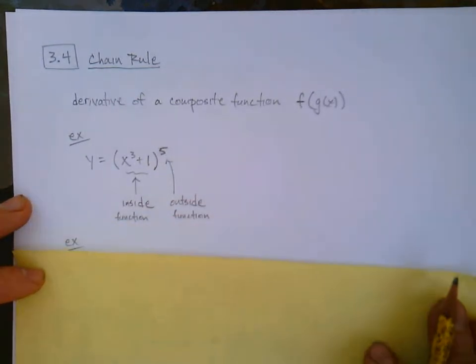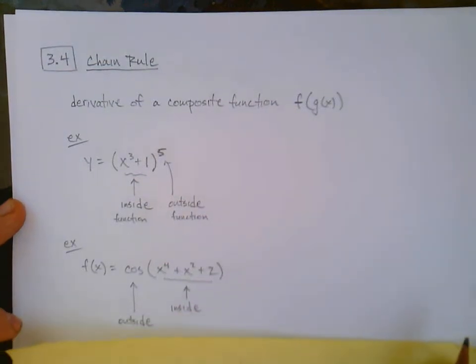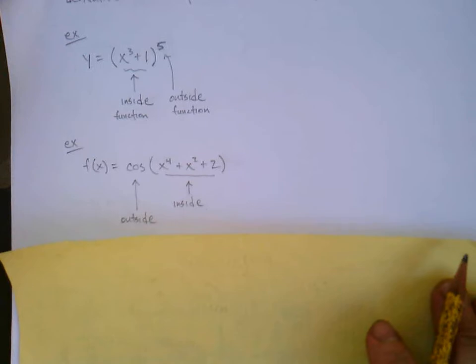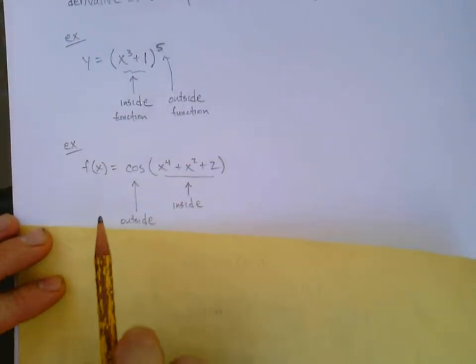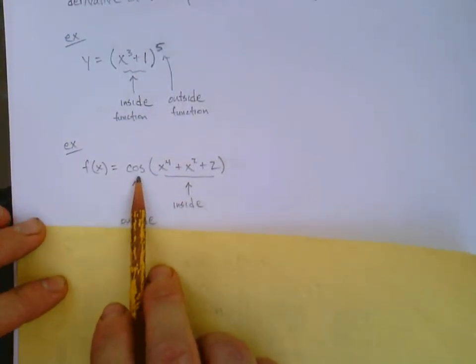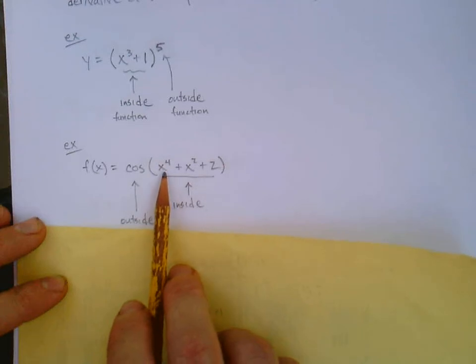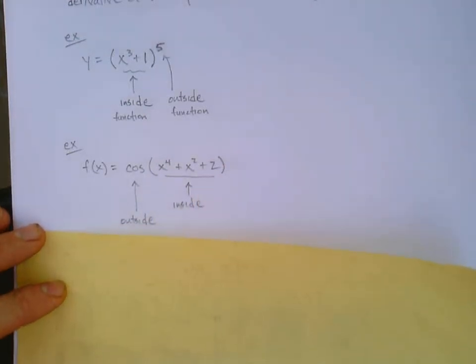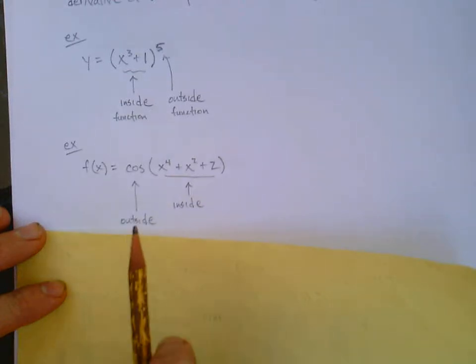Let's look at another example. Now this one, there would be no alternative. There's no multiplying or simplifying this. f of x equals the cosine of the quantity x to the fourth plus x squared plus 2. And in this case, we're going to think the composite function has an inside and an outside.